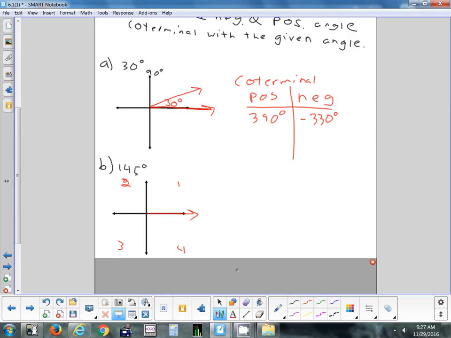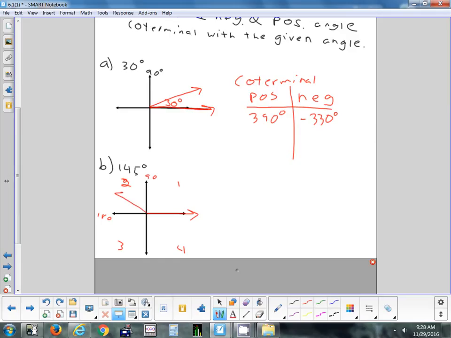What angle is straight up? That's 90. And what angle would be to the left? It's 180. What's halfway between 90 and 180? Add them up and divide by 2. 135. So 135 is halfway, and we're a little more than halfway.